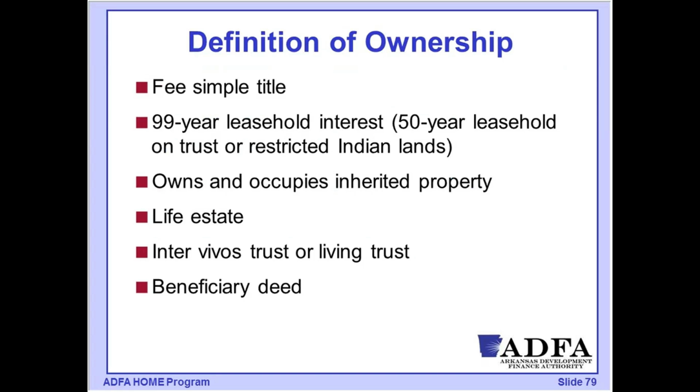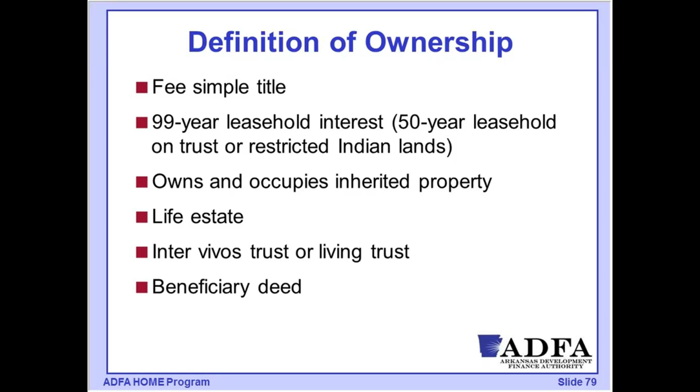The way we're going to document ownership is making sure that it meets one of the following criteria. Either fee simple title, so they have deeded ownership to this property. It could be a 99-year leasehold interest, probably not something that you're likely to see much of in your program.